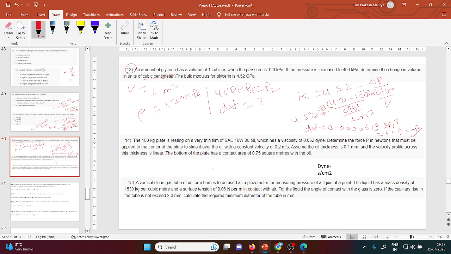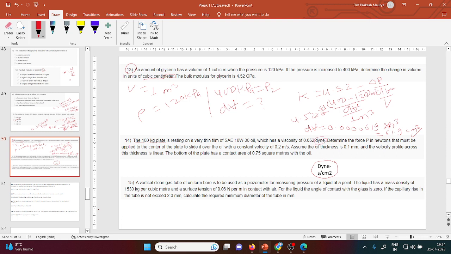Question number 14 is about a 10 kg plate resting on a very thin film of SAE 10W30 oil, which has the viscosity given. Here you need to change the unit to dyne second per centimeter square. Only dyne is given here, which is not correct.